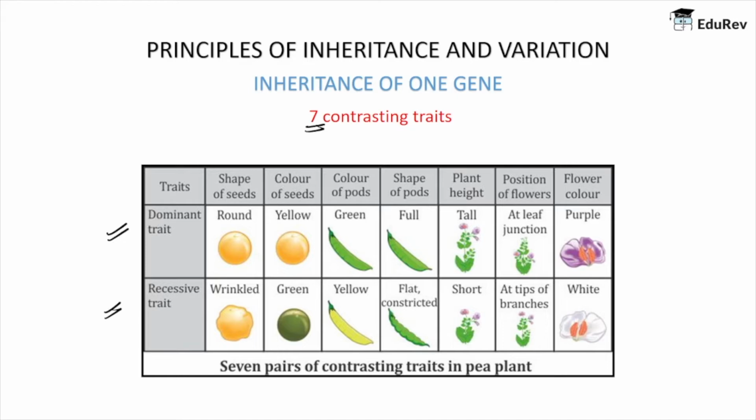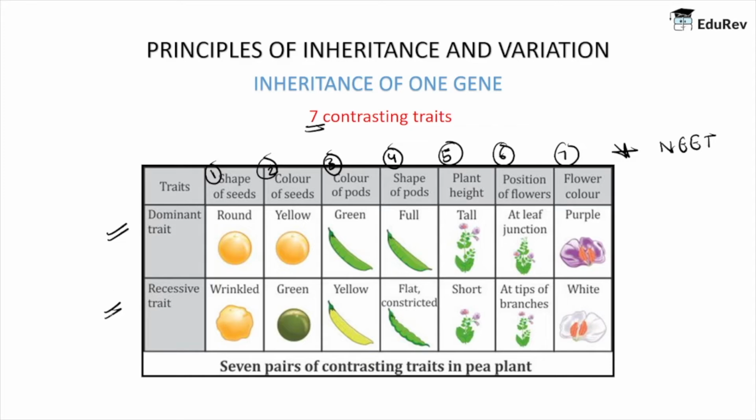The 7 contrasting traits that he observed in garden peas were the shape of seeds, the color of seeds, the color of pods, shape of pods, plant height, position of the flowers, and the flower colors. These are very important from the perspective of NEET and your boards as well.